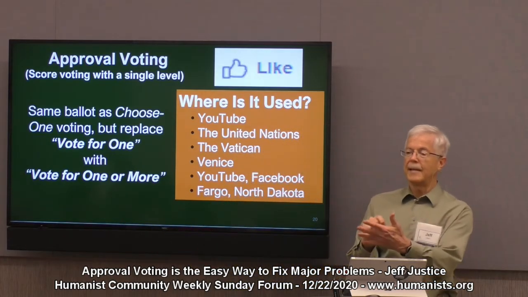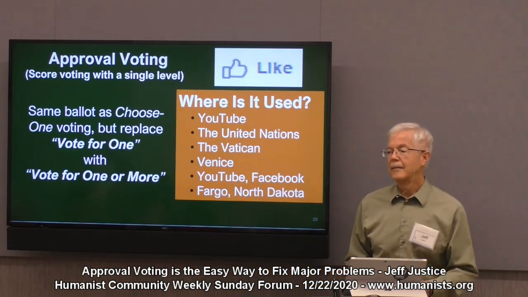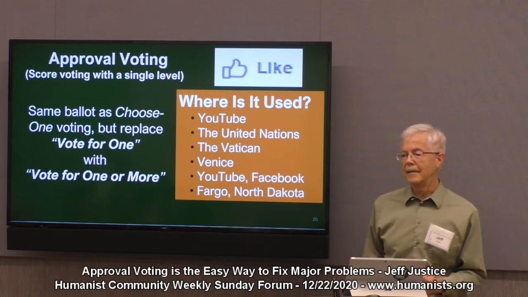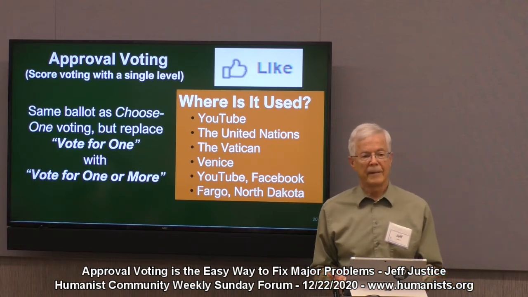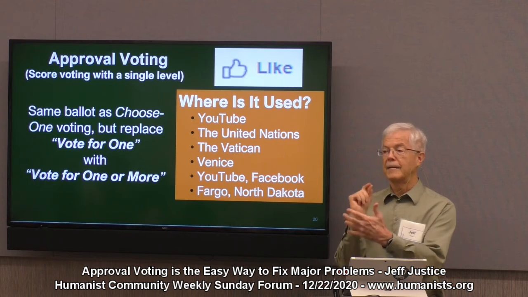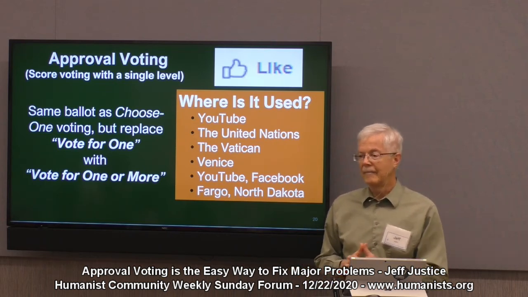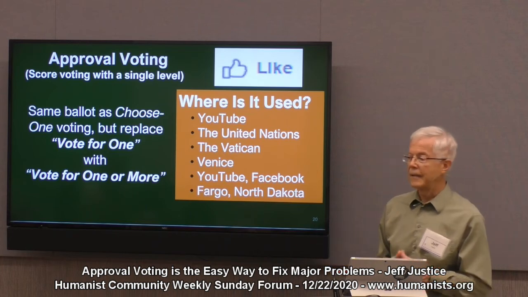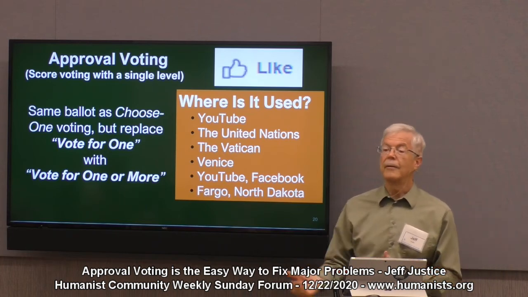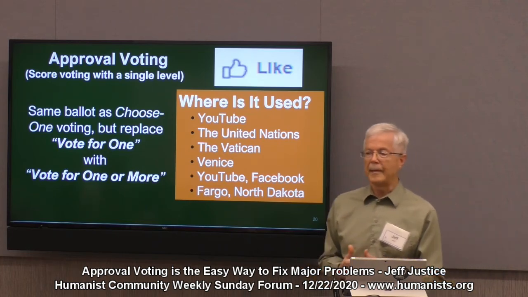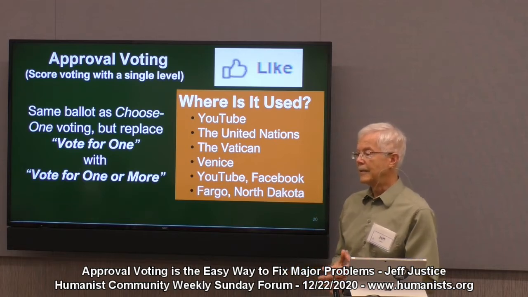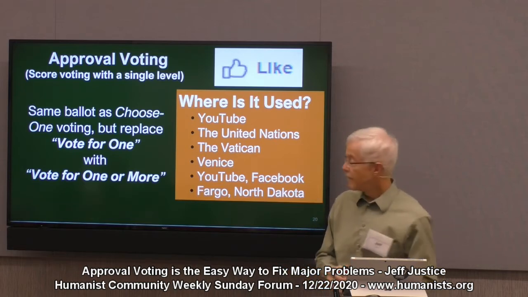And so instead of checking off one candidate, right now we have 16 people running for the Democratic nomination, and instead of checking one, you might check 5 or 10. And when Trump was running, they had 16 people going for the Republican nomination, and back then you had to check just one also.